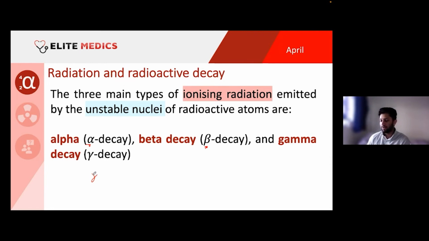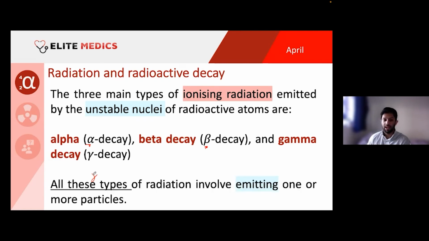So remember, alpha is your helium nucleus or an alpha particle. Your beta is just an electron or a beta particle. And remember, in the nucleus, sorry, something funky happens. A proton will then become a neutron in the nucleus, and this will cause the emission of the beta particle or the electron, in other words.